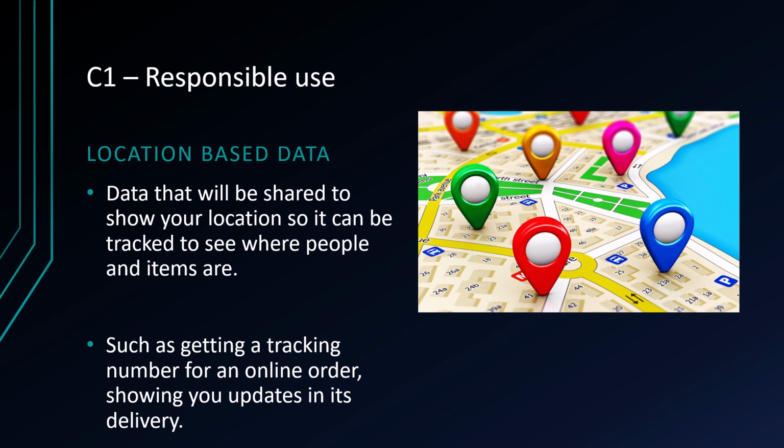Because of that location-based data, we can also track how far away it is. So if the food's going to be 10 minutes, it'll pop up, food's 10 minutes away. Let's see the driver, for instance, that kind of stuff. So again, that is location-based data.